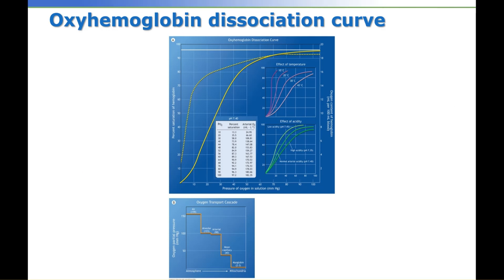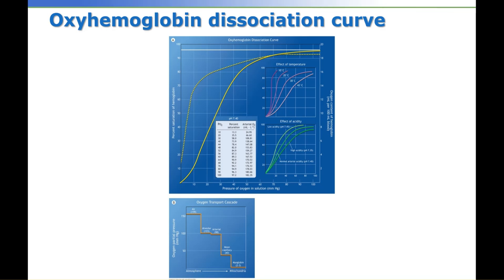This is on page 266. It just talks about the oxyhemoglobin dissociation curve. The dotted line represents myoglobin, which is the iron and oxygen binding protein in muscle, and then hemoglobin is the solid yellow line.